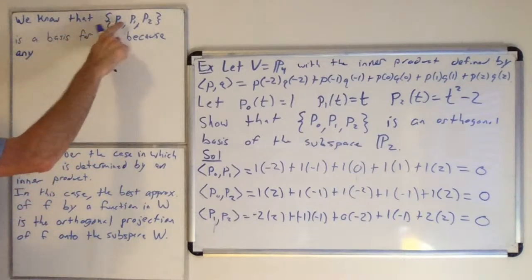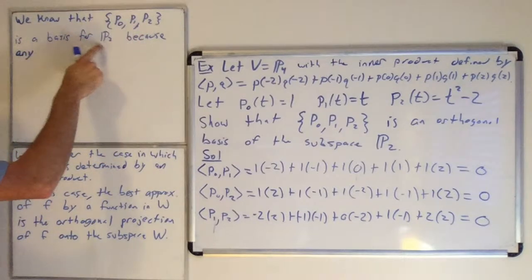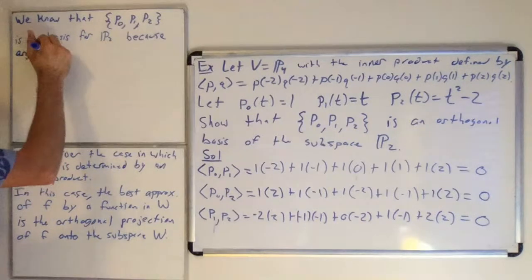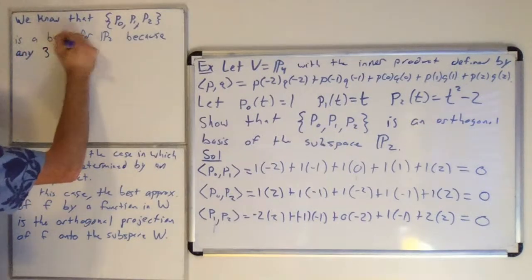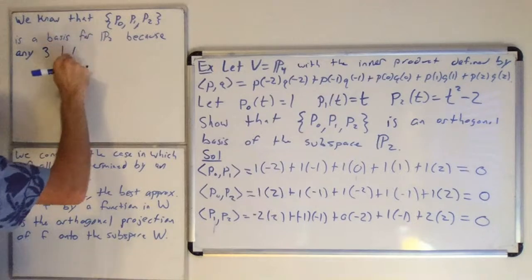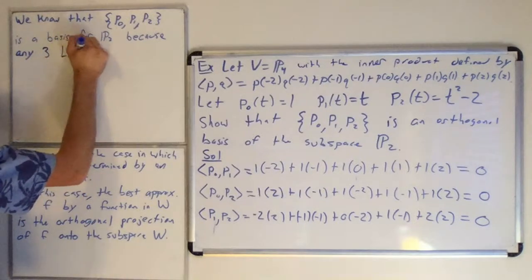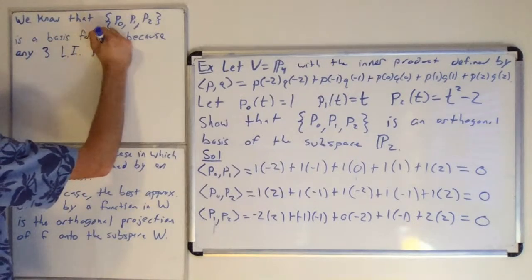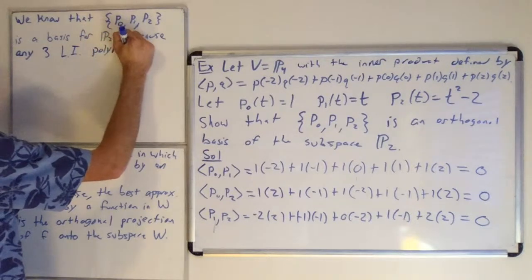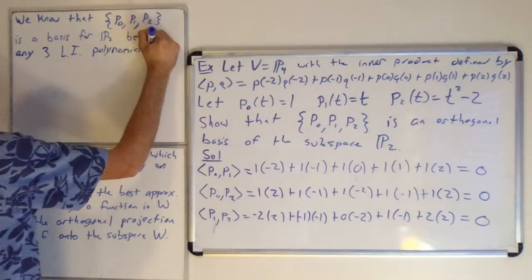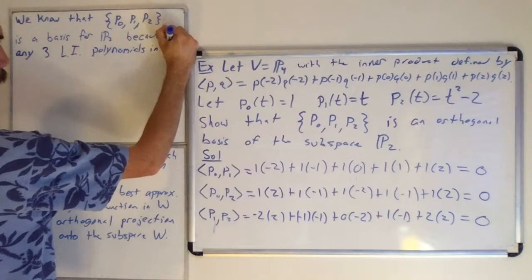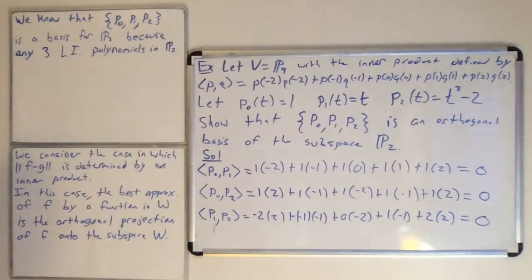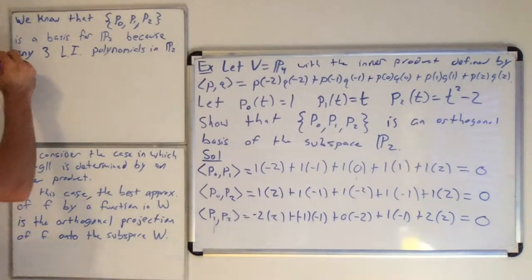So we know that P0, P1, P2 is a basis for P2 because any 3 linearly independent polynomials in P2 is a basis for P2.